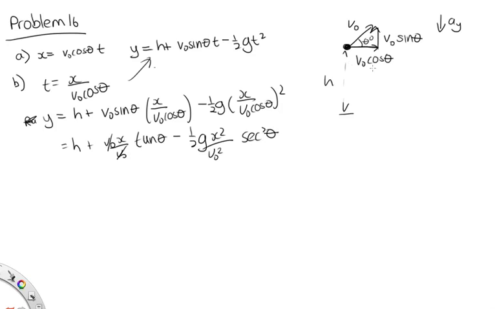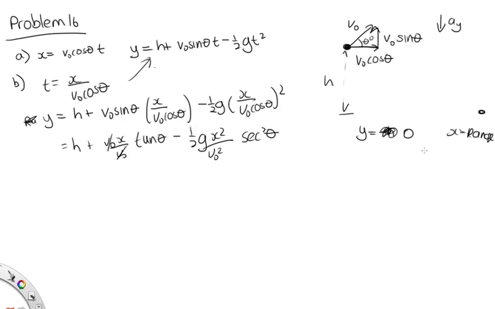And now it'll hit the ground over here when y is equal to minus h, when y is equal to 0, and x is equal to the range. So what we want to do is substitute in y is equal to 0 and rearrange this to find x.